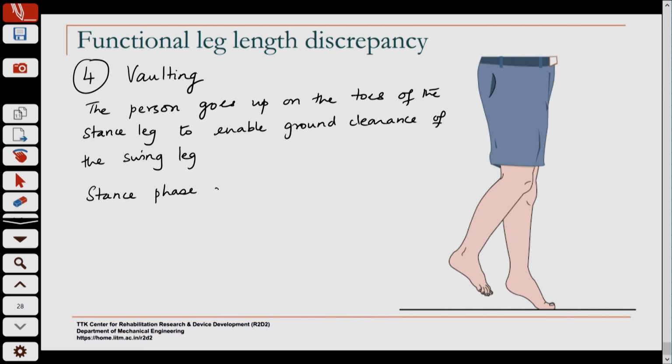In the case of vaulting, it is a stance phase modification on the contralateral leg, to deal with the problem on the swinging leg. So, the first three were swing phase modifications.